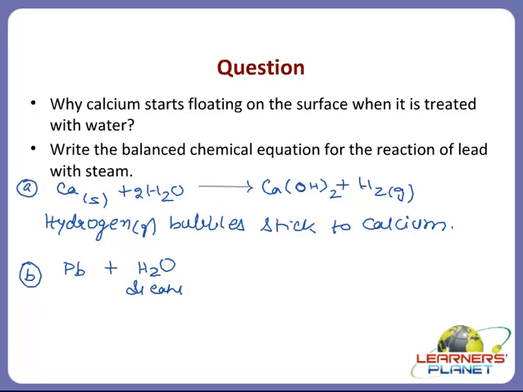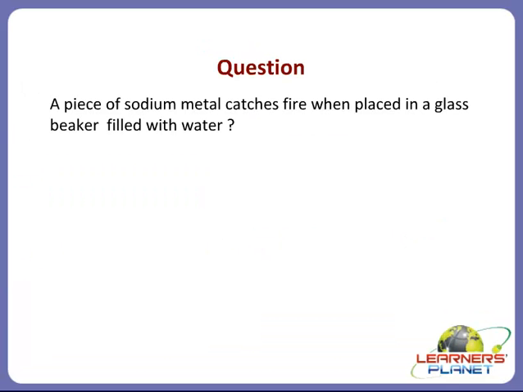It is always an oxide. So what will be the oxide formed? It would be PbO, or lead oxide, plus what will be the thing evolved? That is hydrogen gas. So always remember that a metal reacts with steam forming oxide and the respective hydrogen gas.